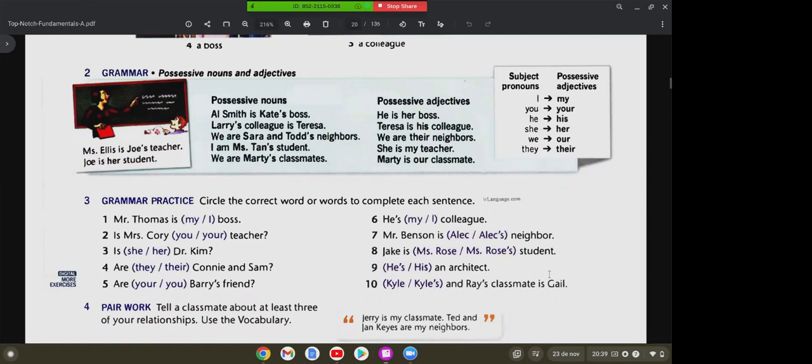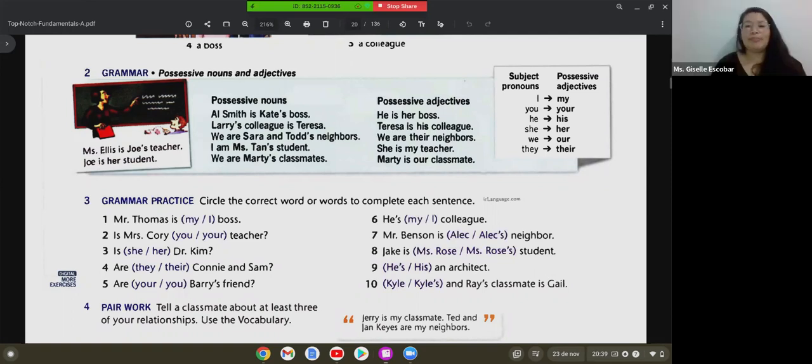Their boss is late for the meeting. Su jefe va tarde para la reunión. O su jefe está tardado para la reunión. ¿Ok?